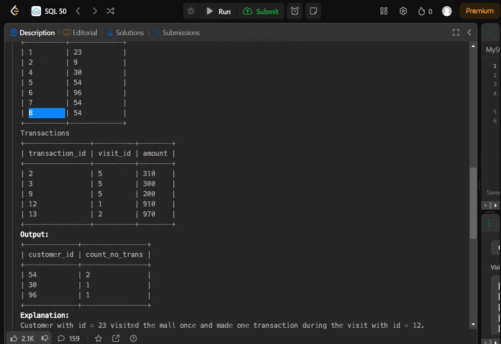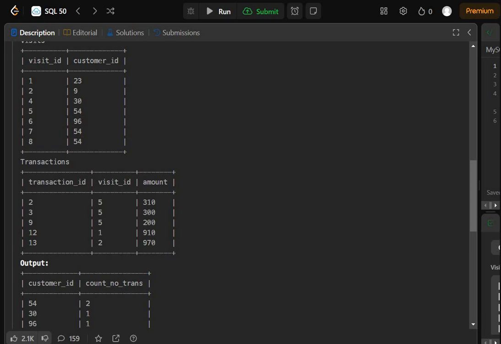Now coming back to the transactions table, we have our transaction IDs, visit ID and amount. If you check the visit ID, we have visit ID 5, which is our customer 54. This customer did a transaction with ID 2. Again this customer visited and did the transaction which has ID 3.